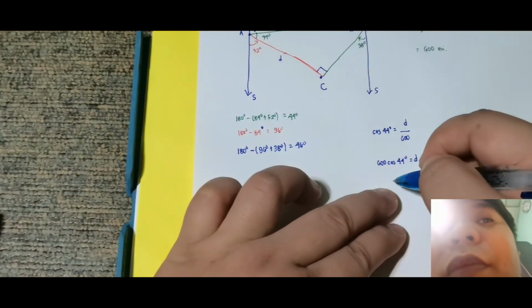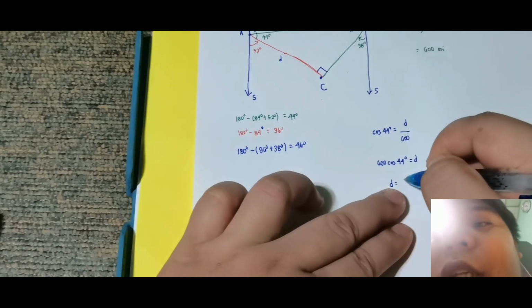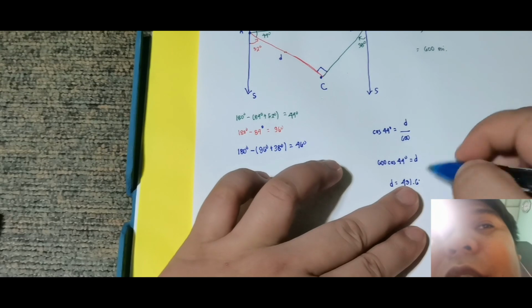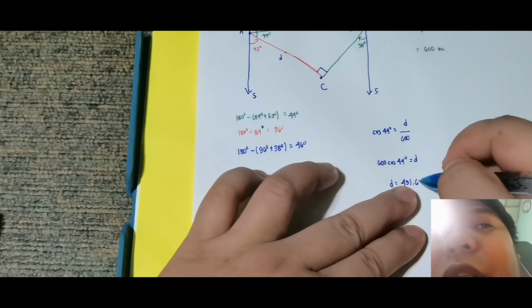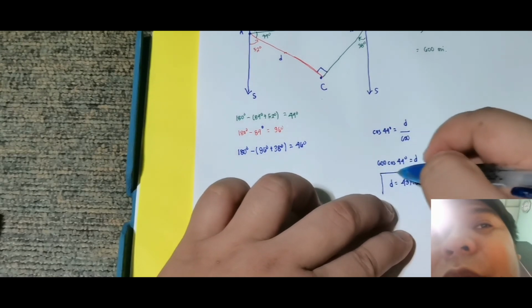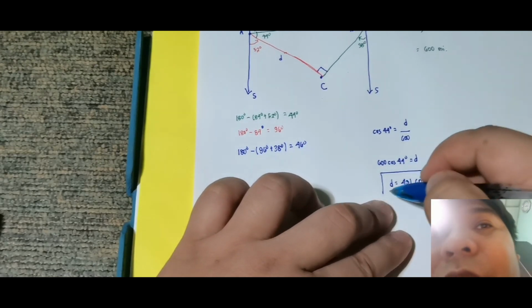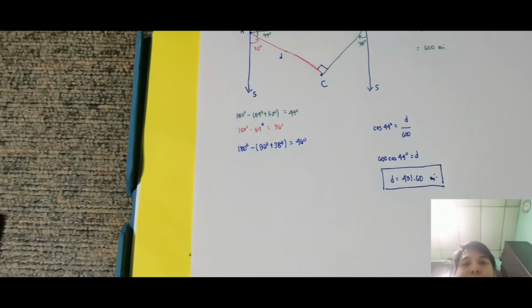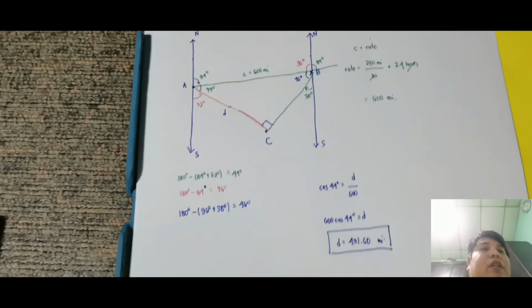So D, the distance from A to C, is 431.60 miles yung layo. Okay, so I think okay na tayo sa solution na yan. Ayun yung sagot niya.